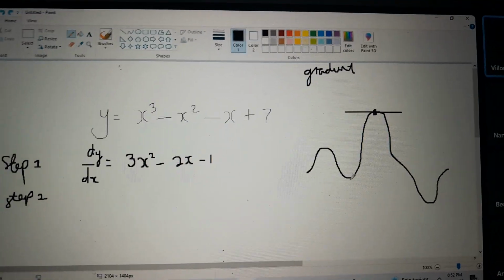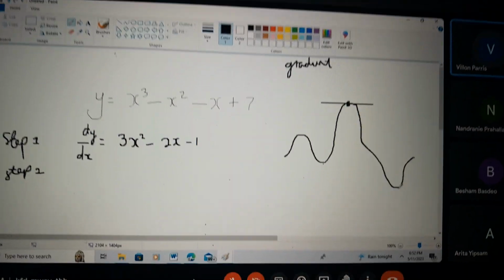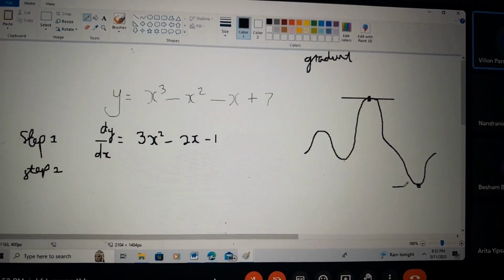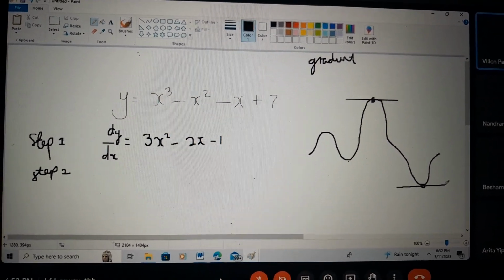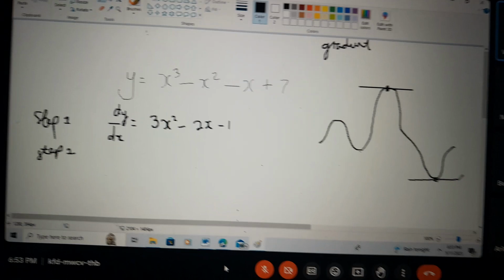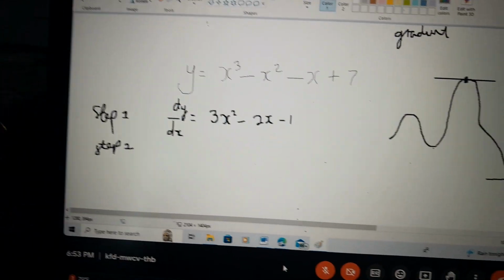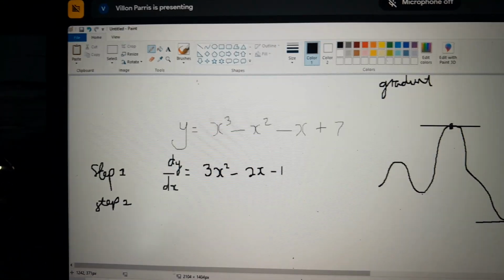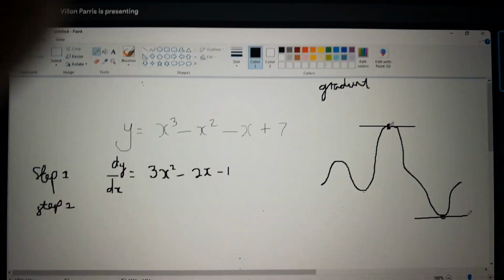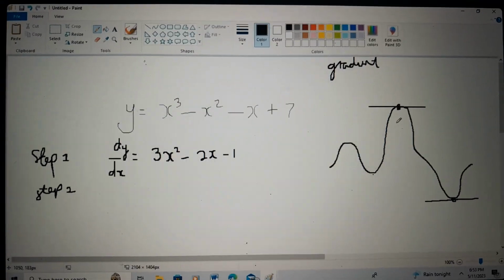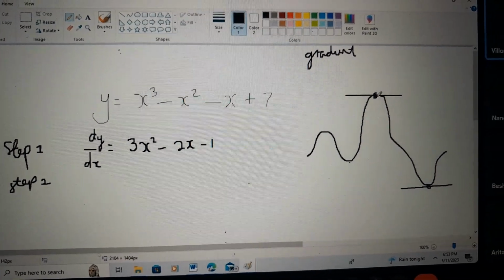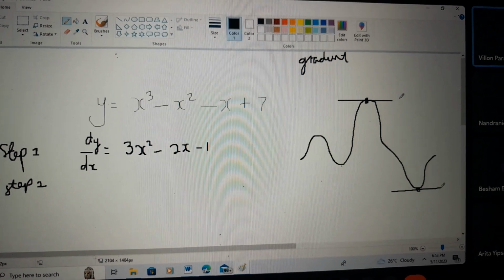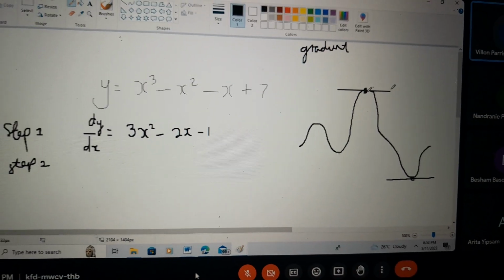Here again, at this minimum point here, the tangent will be a horizontal line. Is that good with everyone? Can you see that? Yes, sir. So at any turning point or maximum minimum point, you'll have a gradient, or a tangent, that is horizontal.